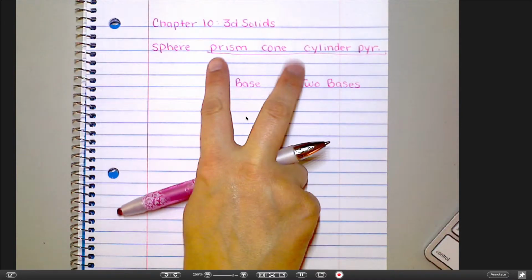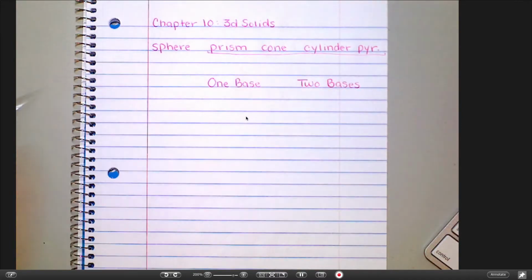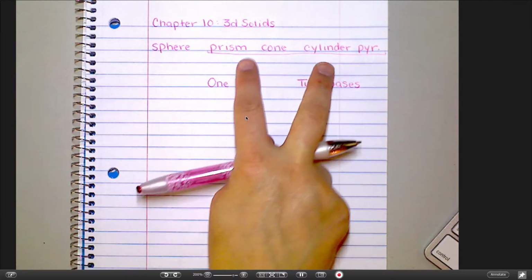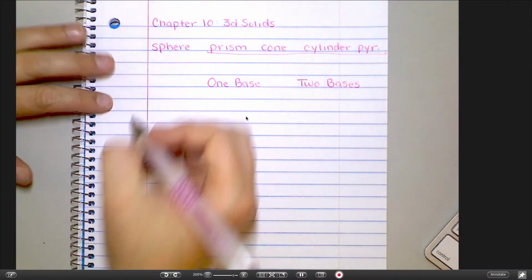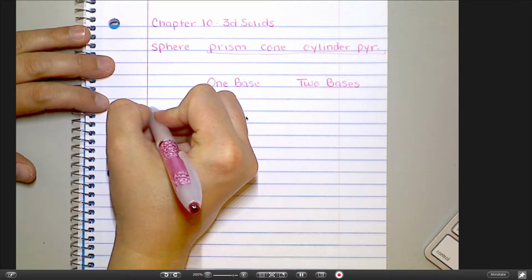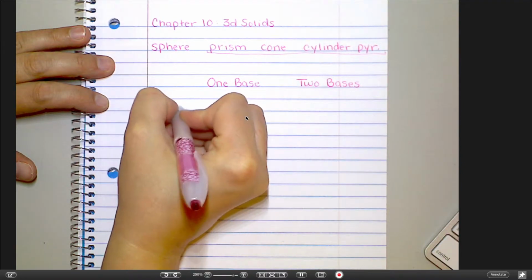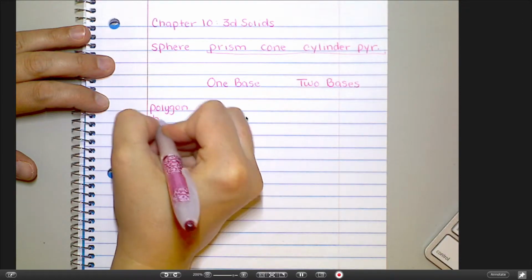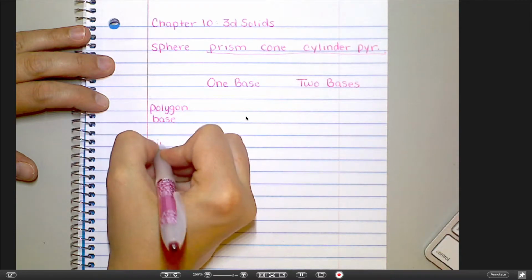Like, what's the difference between a cone and a pyramid? Or the difference between a cylinder and a prism? A cone's got a circle. So they could have a polygon base, which is just any shape. Remember from yesterday? So they could have a polygon base, or they could have a circular base.